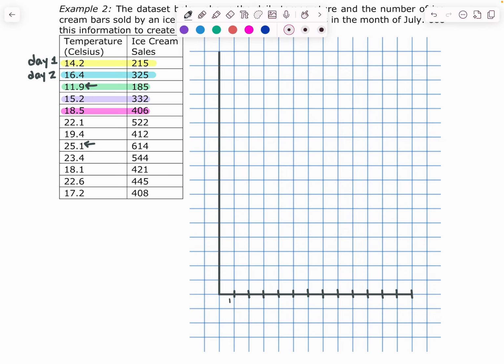So I could do 10, 12, 14, 16, 18, 20, 22, 24, 26. I mean, that works. I don't think I had enough lines to go by ones, because I needed 16 and I only had 13.